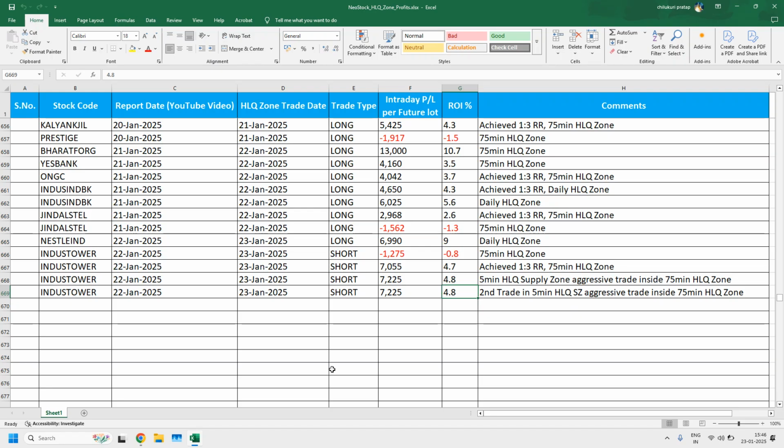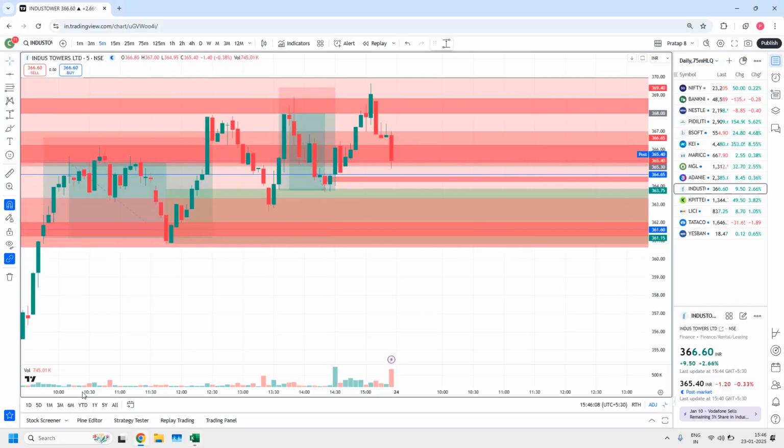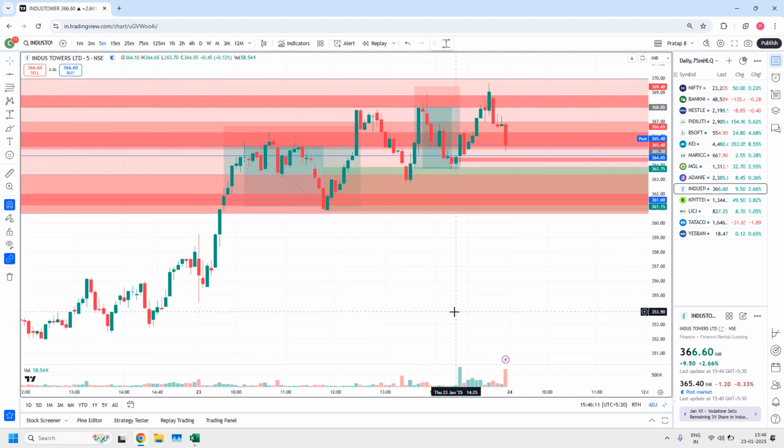These 2 opportunities. So excellent. So Indus Towers 4 trades, and in that 3 successful trades we got. Hope you got the clarity, the difference why I suggested 5 minutes trailing stop loss for Nestle and why I suggested 1 minute trailing stop loss.